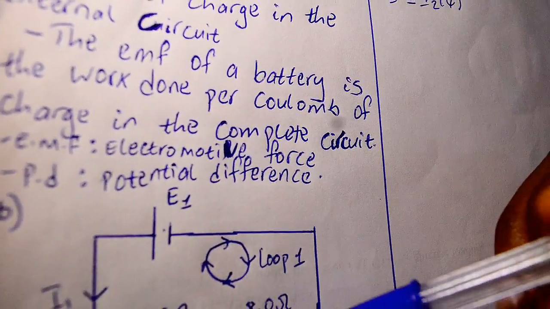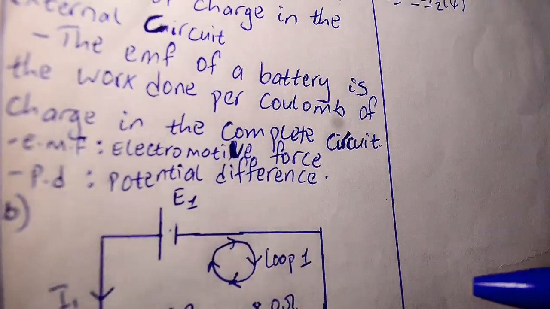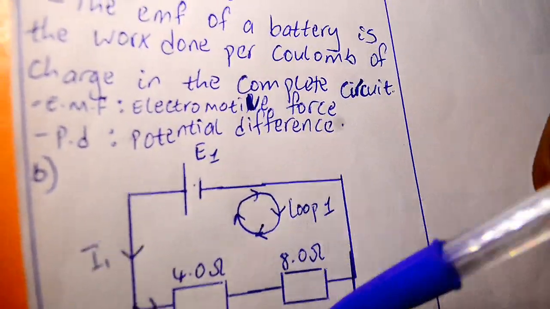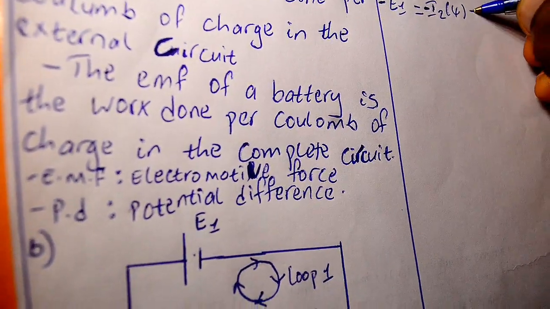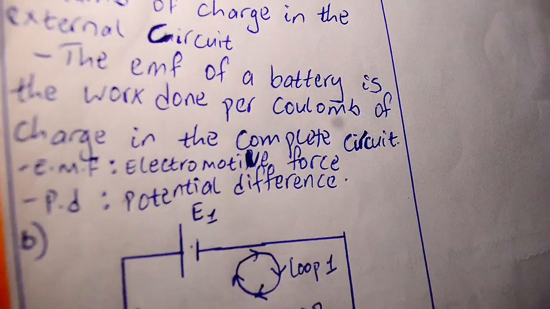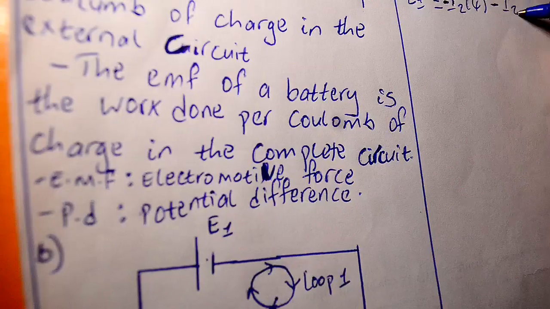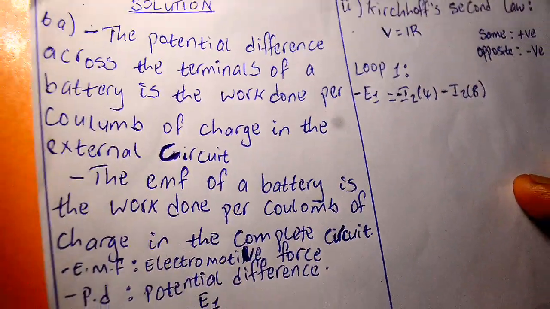And for the 8 ohm resistor, the same thing. Here its current is moving like this and its loop is going like this, so it's also negative. Negative I2 multiplied by 8 to get the voltage.